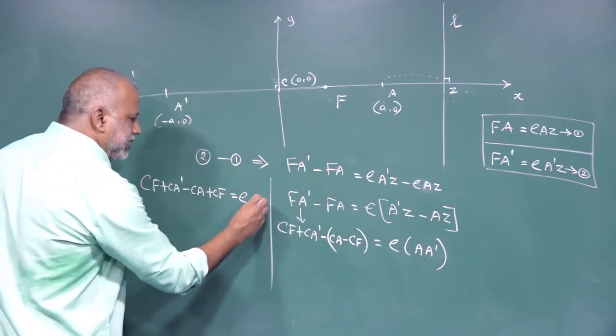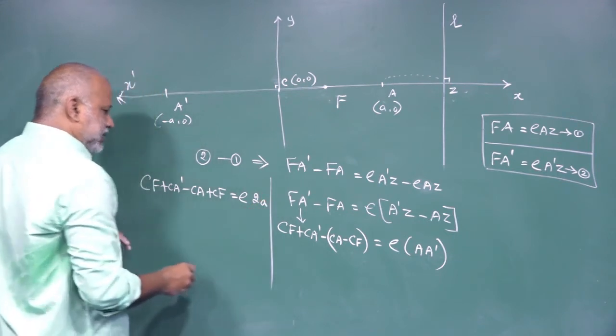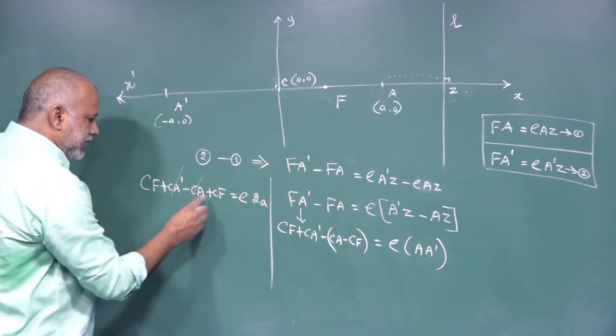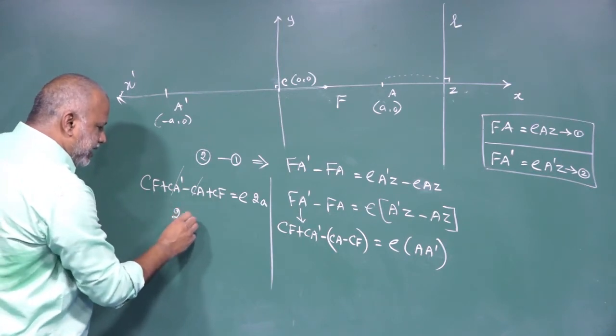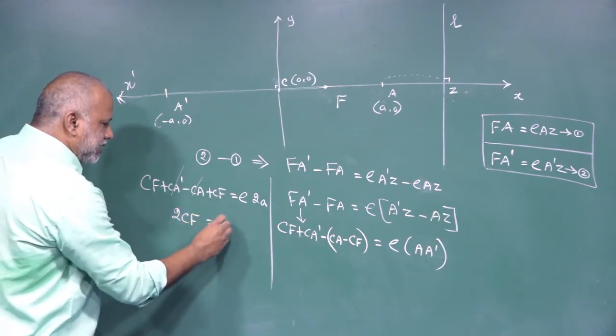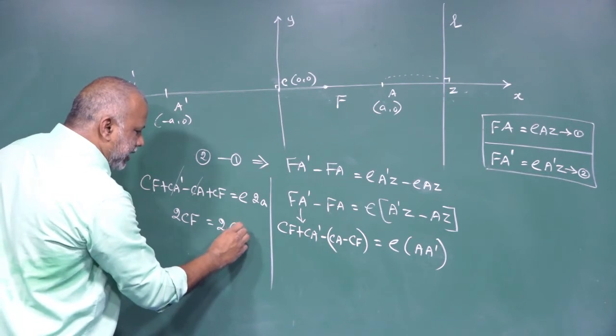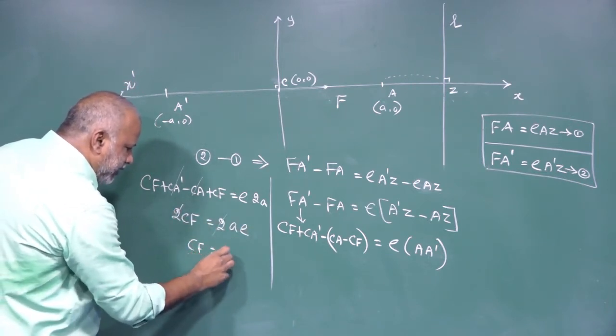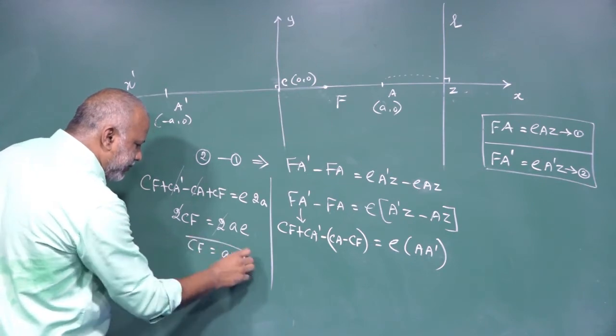A dash we already take as 2A. See CA dash becomes equal. Now CF equal to, again one more CF here. We can write 2 times CF, that is equal to 2 times AE. 2 will be removed. Now CF equal to AE.